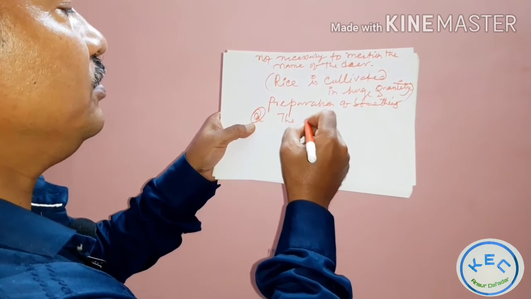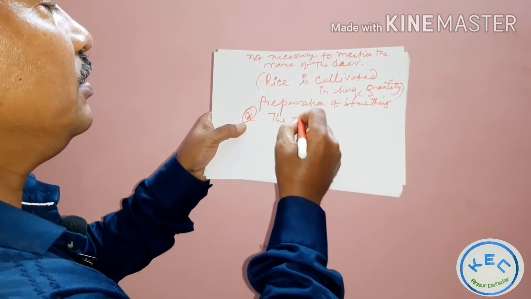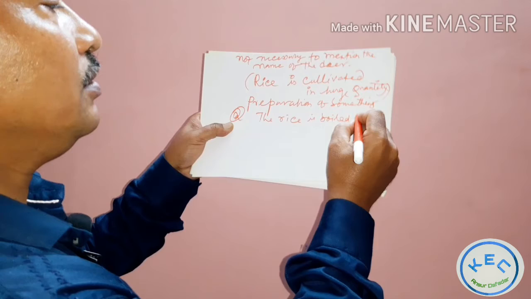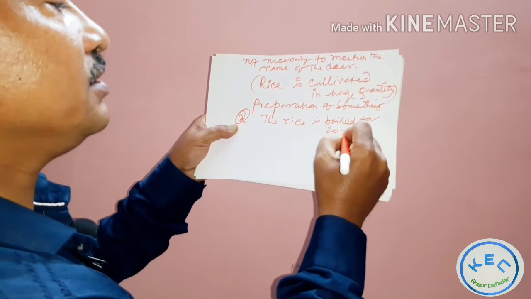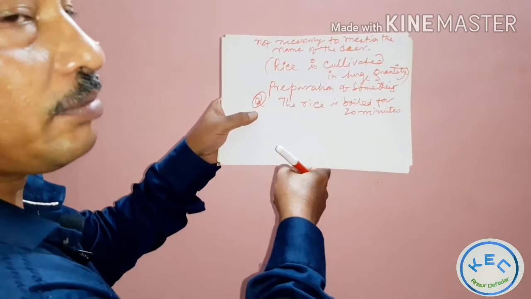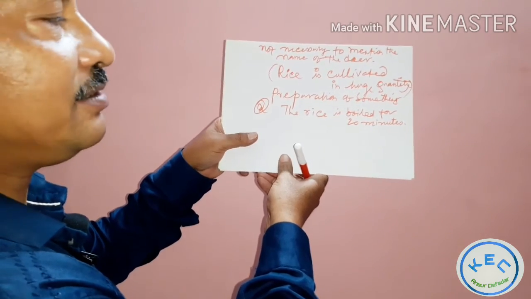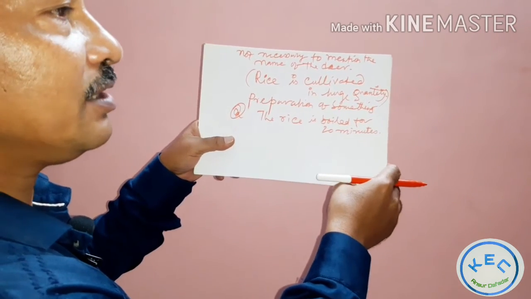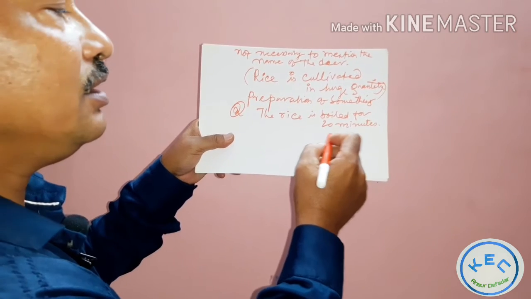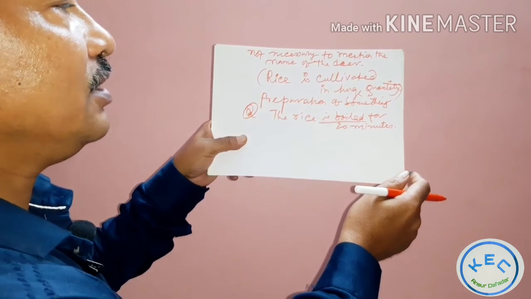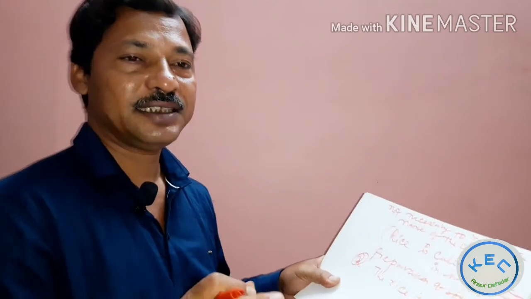The rice is boiled for 20 minutes. This is one of the steps of making rice, preparation of rice. So while describing the preparation, we usually use passive voice sentences. This is the third case where passive voice sentences are used.